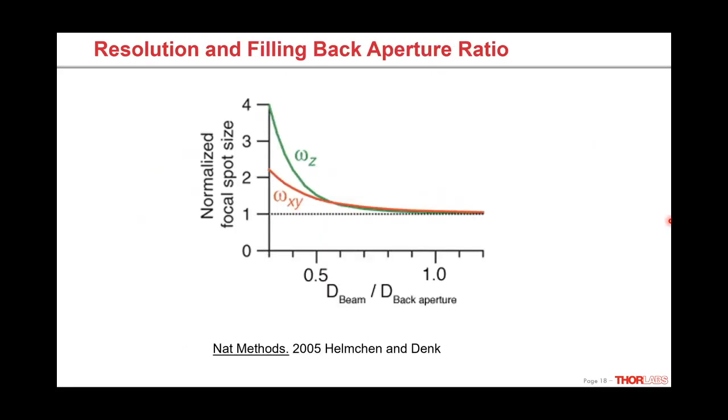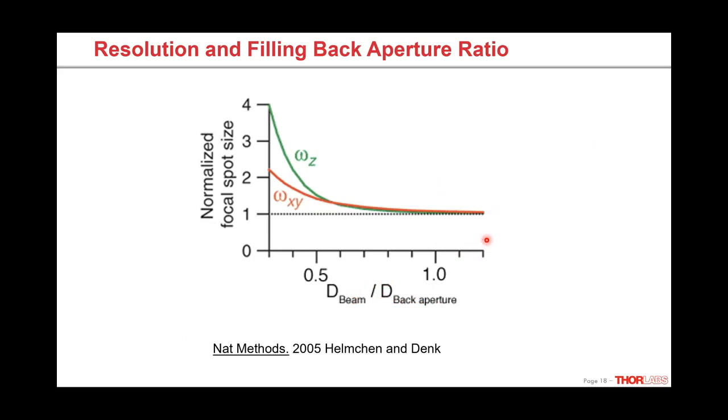So far, this has been very nicely demonstrated in the classic paper by Helmchen and Denk, where they showed the normalized focal spot size on the y-axis compared to the diameter of the excitation beam into the objective as a ratio to the back aperture diameter.